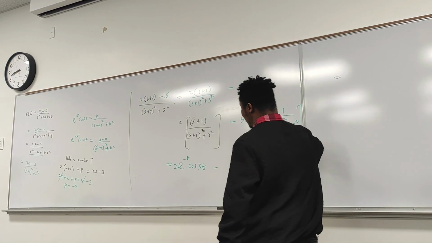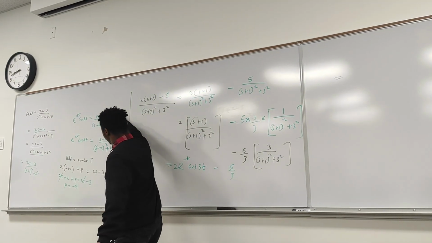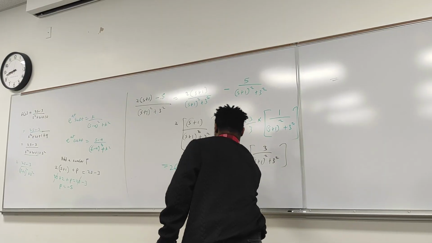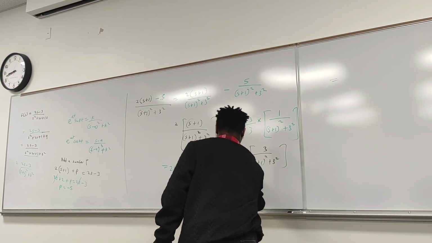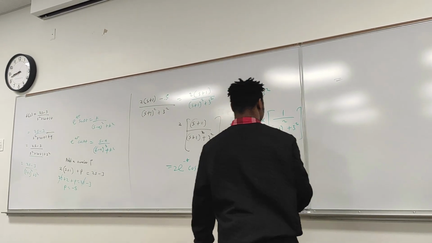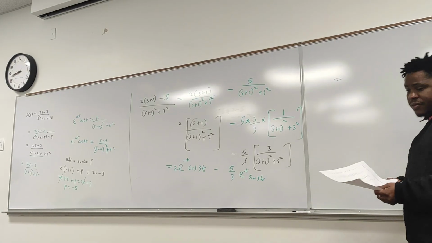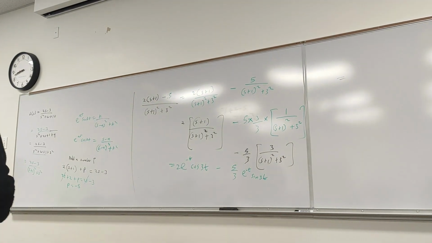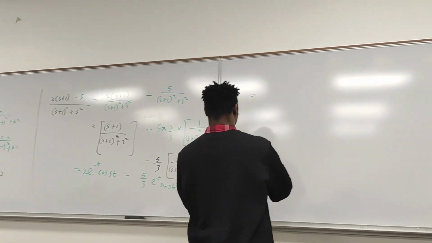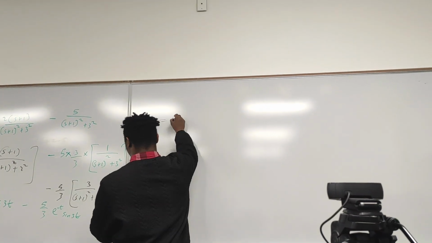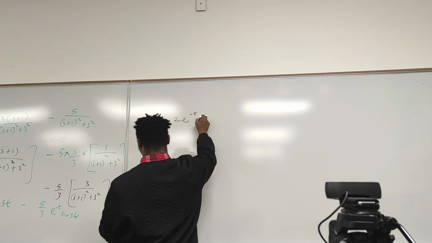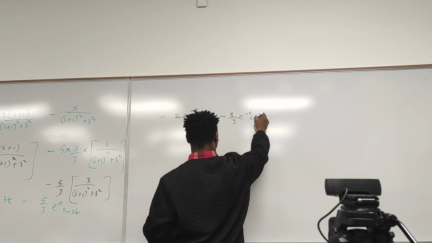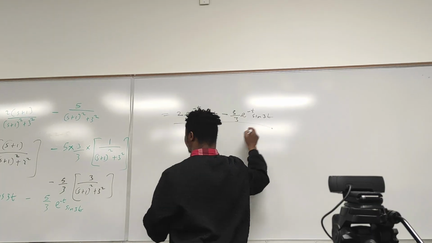This one is the same as this guy here, because k is 3. So it's going to be exponential minus t again, sine 3t. So that's our answer. Our answer becomes 2 exponential minus t cos 3t minus 5 over 3 exponential minus t sine 3t. Okay.